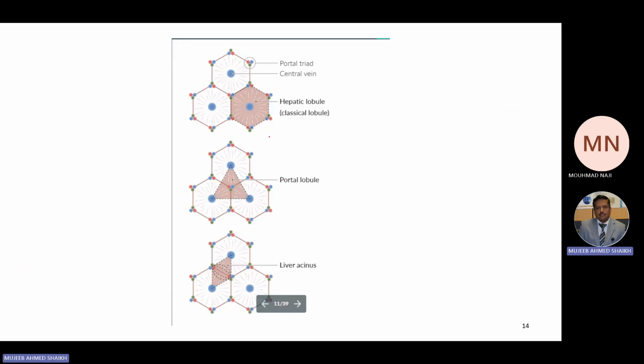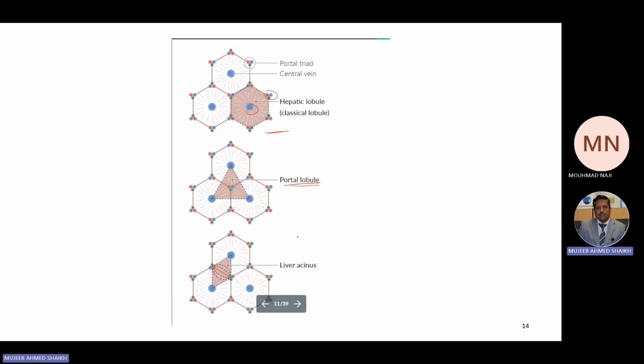This is the structure I was telling you about, the hepatic lobule, which is a classical six-cornered hexagonal structure with a portal triad at each corner and a central vein. If you join three central veins, you make another structure called the portal lobule.